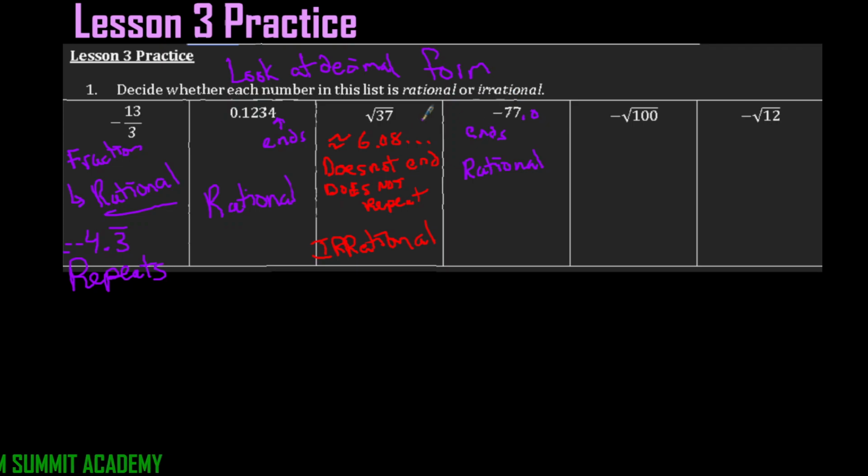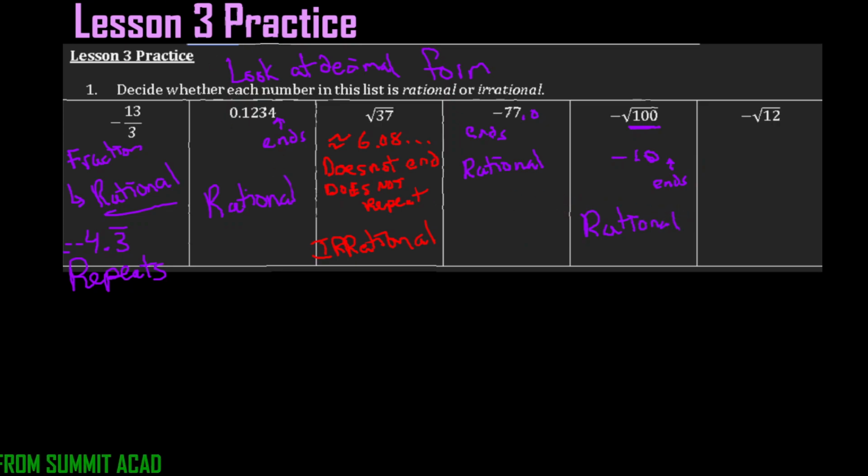If I can write it as a fraction, I know that I have a rational number. Take the square root. Again, make sure you're taking the square root first. So take the square root of 100. That's going to be 10. Have that negative on the outside. So negative 10 is what we're looking at. If I look at that value, I know it also ends. So that means it's rational.